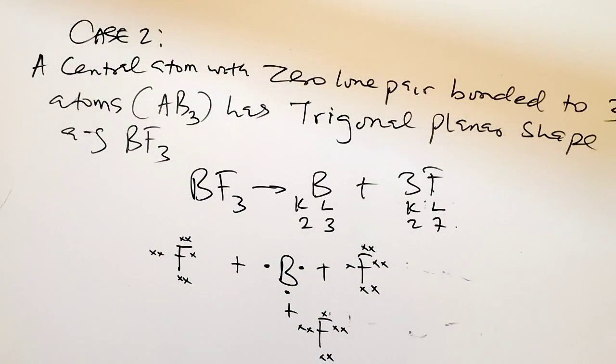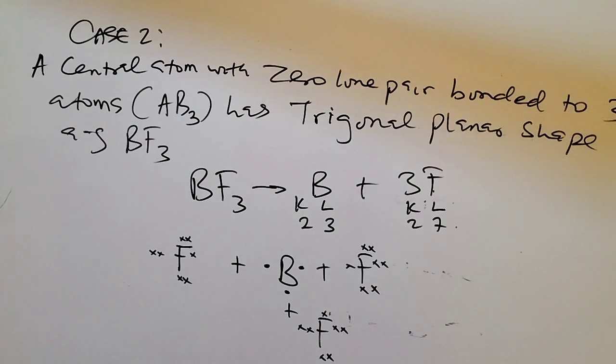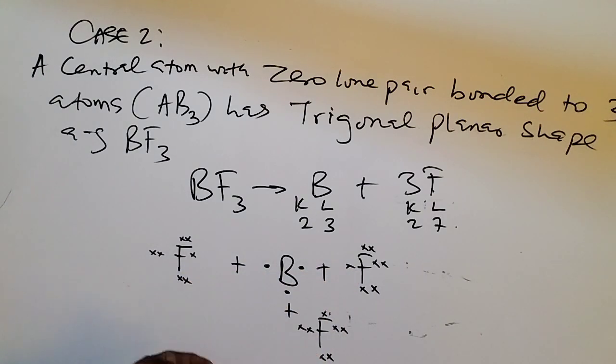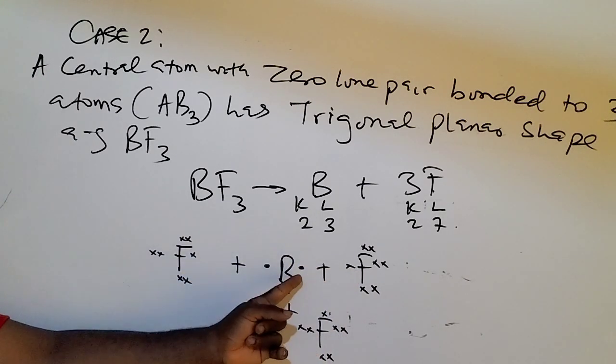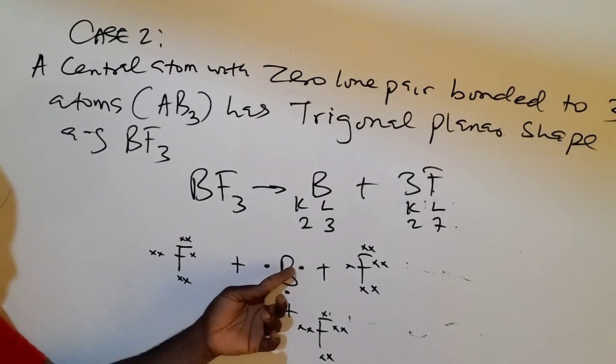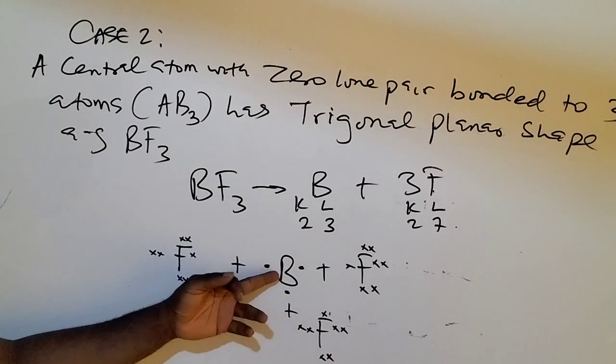Boron is a metalloid. As I said, when metalloids are bonded to non-metals, the bond is most likely to be covalent bonding. So boron will share 3 electrons out to 3 fluorine. Because it is giving out the 3, you're going to share the 3 to the 3 fluorine.